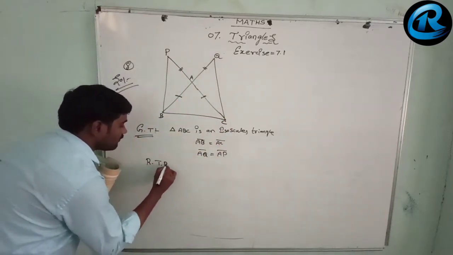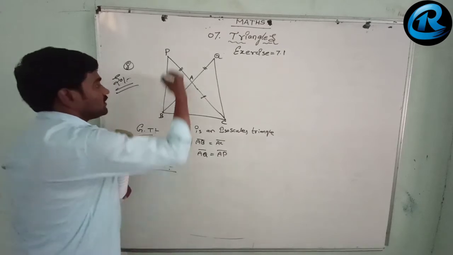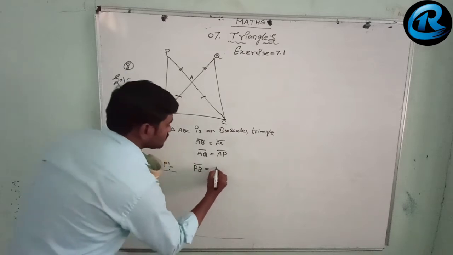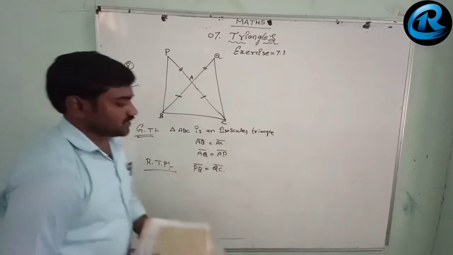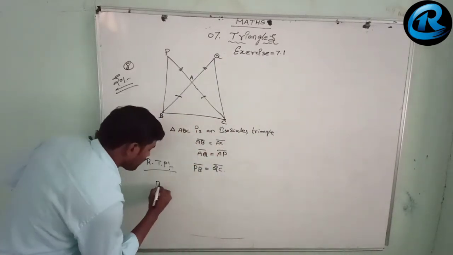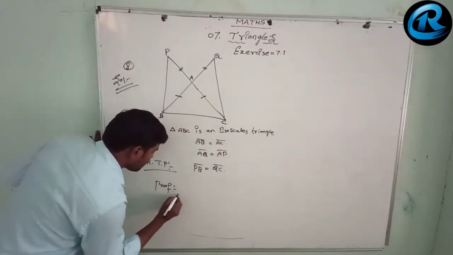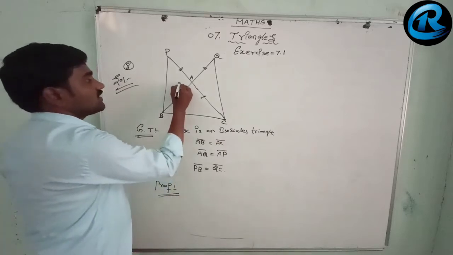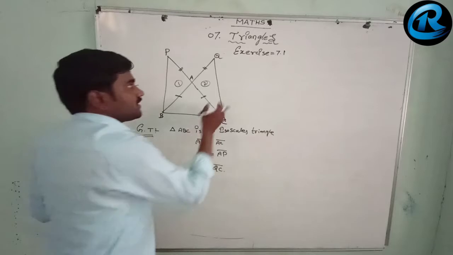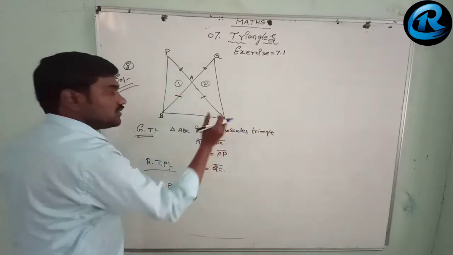Very simple, by the CPCT rule we can prove it. We have to show that PB is equal to QC. Now the proof: we take these two triangles and prove that they are congruent, so that by the CPCT rule, PB is equal to QC.